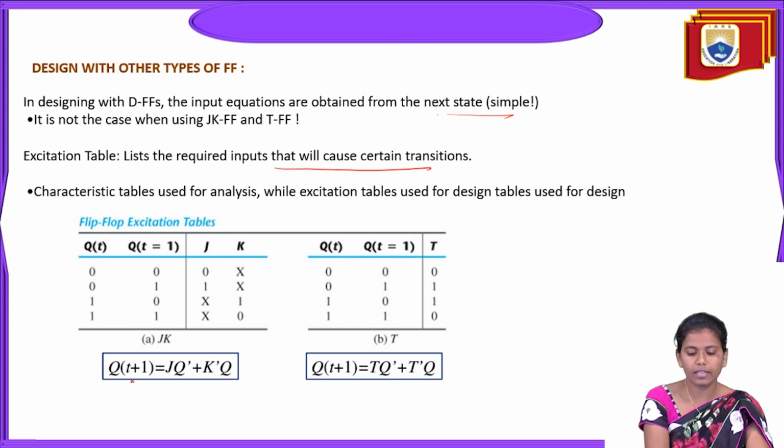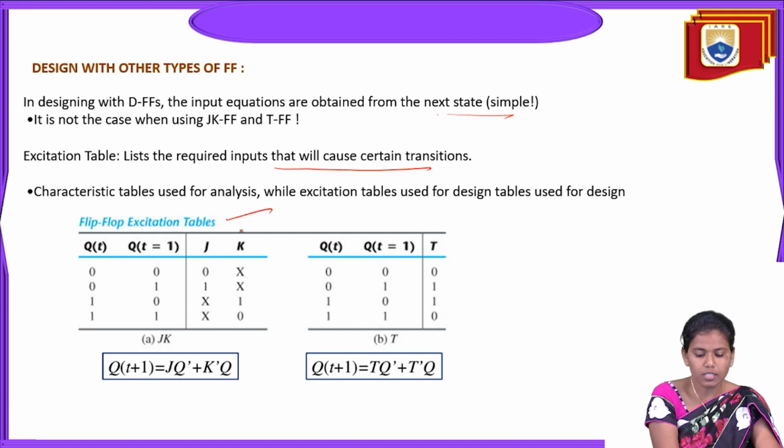These are the characteristic tables, used for analysis, while excitation tables are used for design. Here you observe these are the excitation tables. In these excitation tables, we are using the flip-flops, JK flip-flops, at different time intervals, at t and then t equal to 1. This is for the JK flip-flop, and this is for the T flip-flop, the toggle flip-flop.